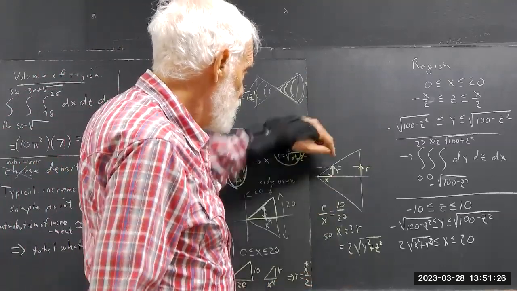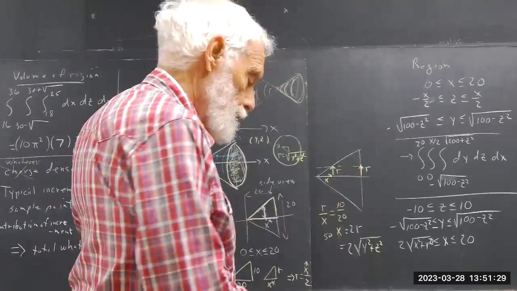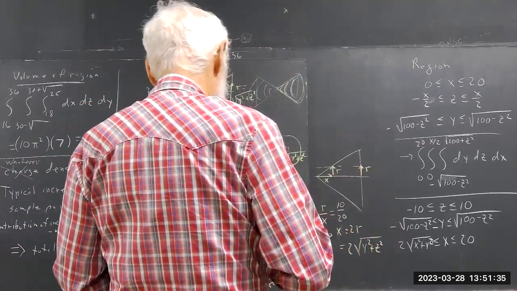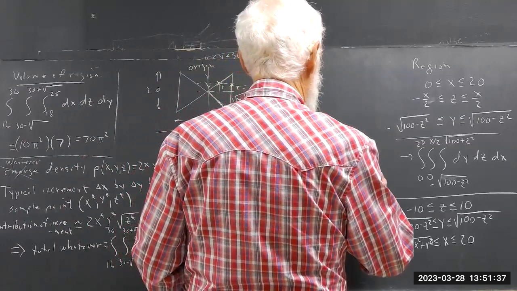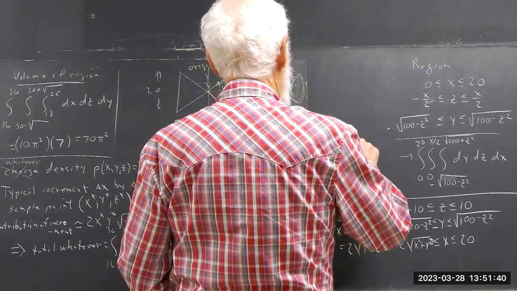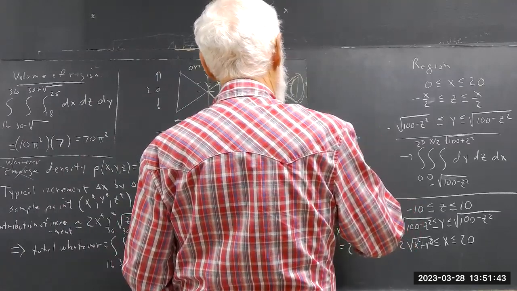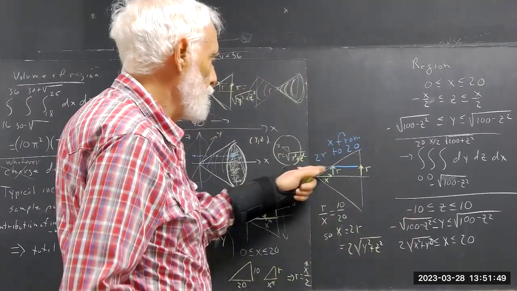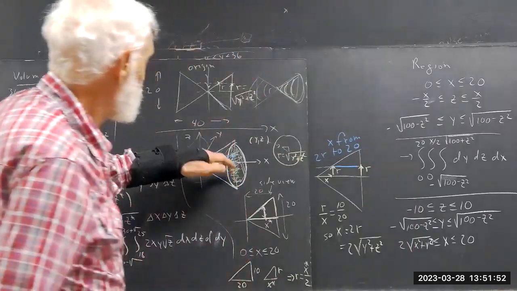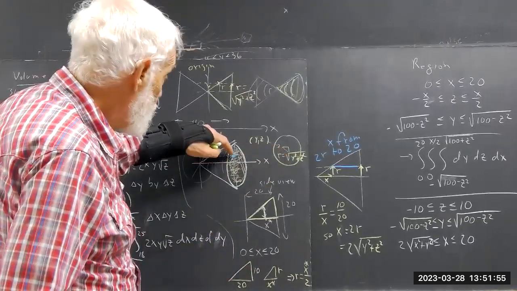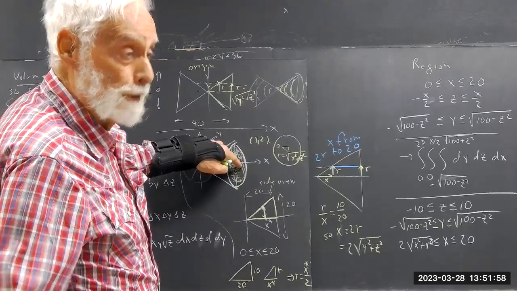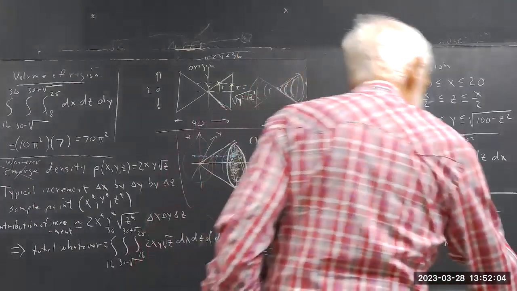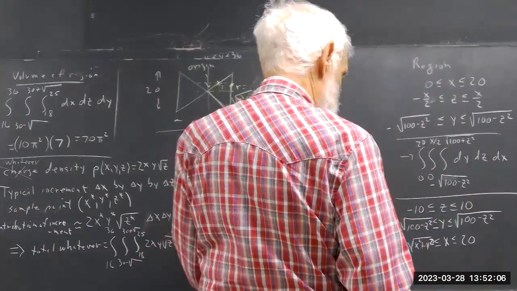So x goes from here to here, from 2r to 20. r is just the distance at this point from the x-axis, which is the square root of y squared plus z squared. I write them out, an intervention of conscious thought.